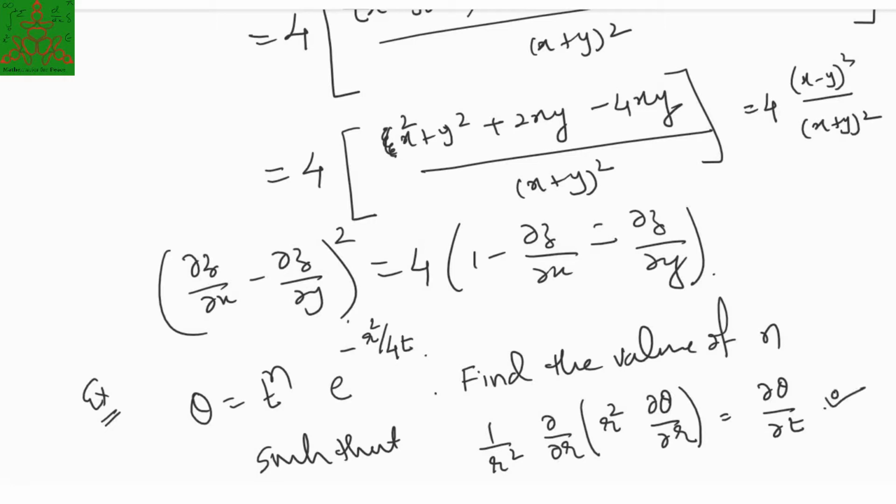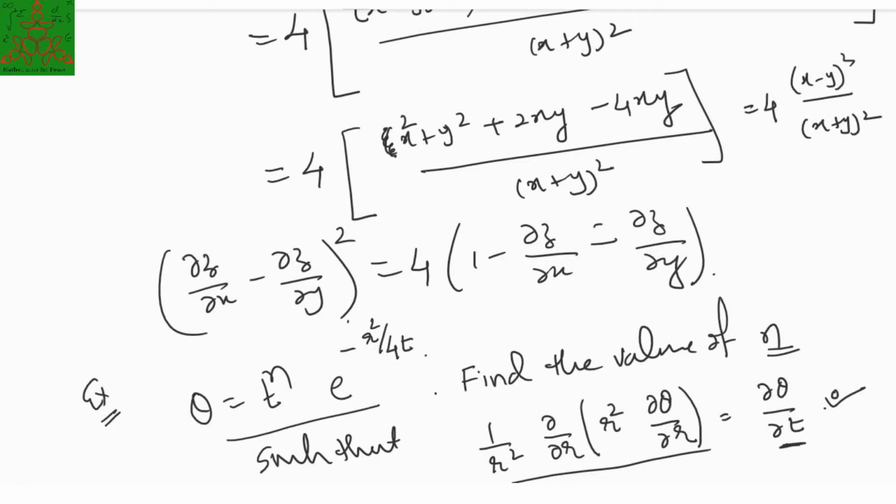If this equation is satisfied, we have to calculate what will be the value of n, where theta is given as this. You just observe that this theta is a function of r and t, and here you have to express first this quantity and then this quantity, and then you have to compare both of them, and from that you can obtain the value of n.